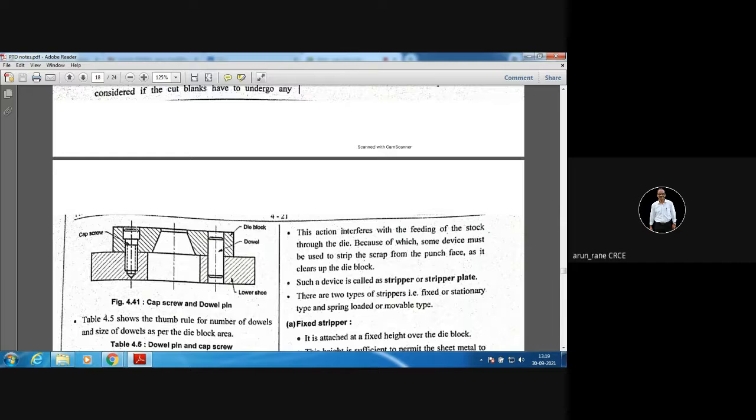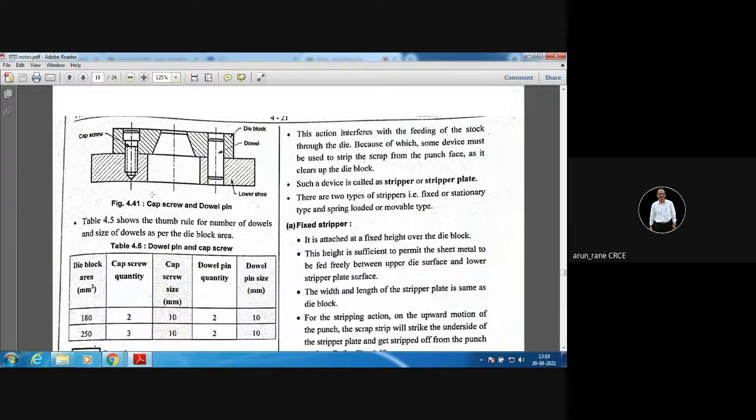So the head sinks down. It doesn't come up, because if your head is protruding out, it is going to foul with something. Suppose the strip is moving here, you are loading the strip here, and if your head comes out, it will obstruct the movement of the strip. So this is the use of your Allen cap screw and dowel.